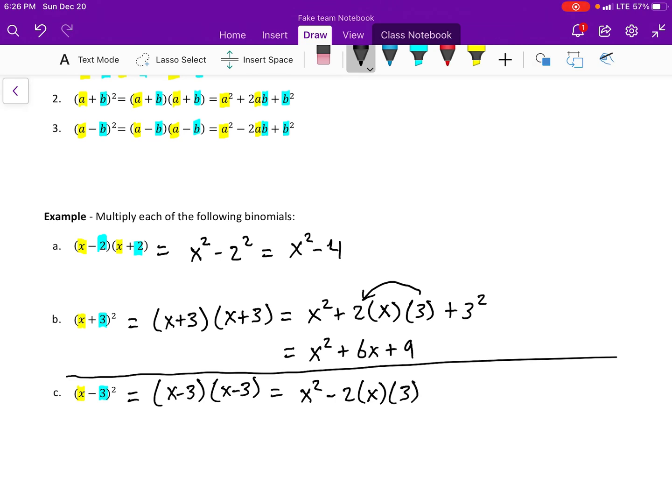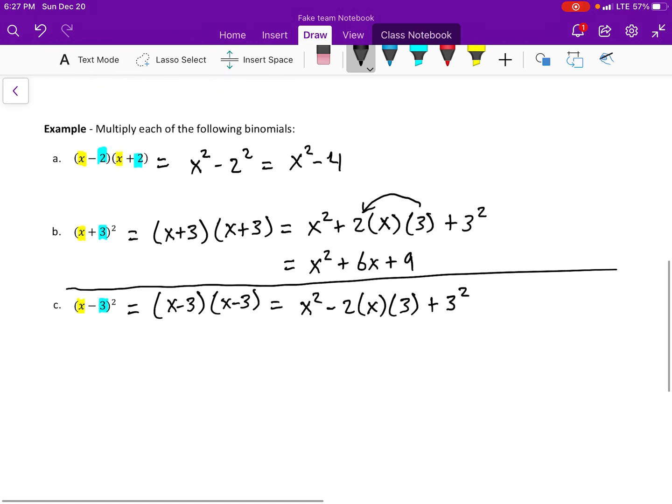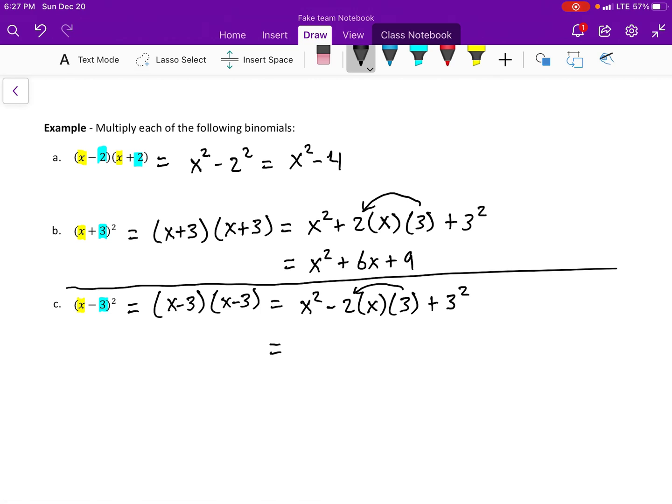And then we have plus b squared, and our b is 3. So I want to do the same thing I did before, where I take this 3 and multiply it by the 2, and simplify 3 squared as well. So this is going to be x squared minus 6x plus 9.